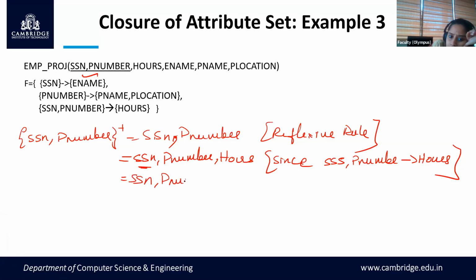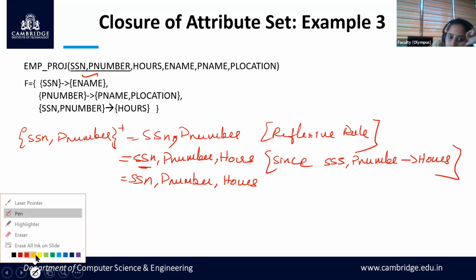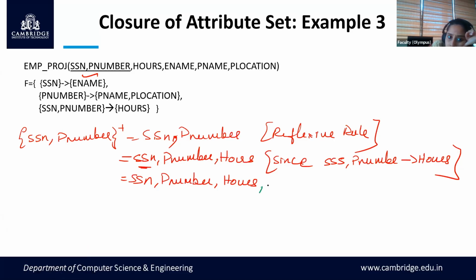SSN, P number, hours, ename, from which SSN tends to ename. If I want to use a combination, I should have both attributes in the closure property. Fine.